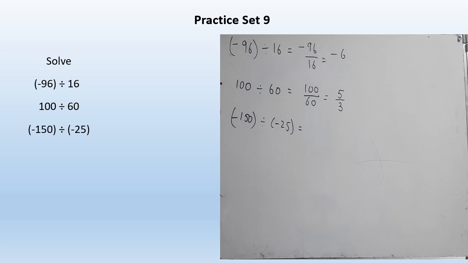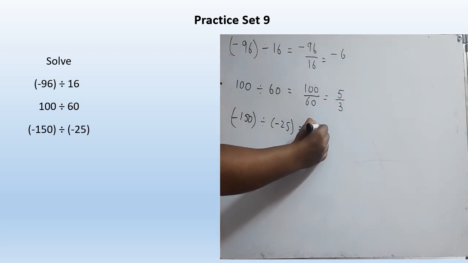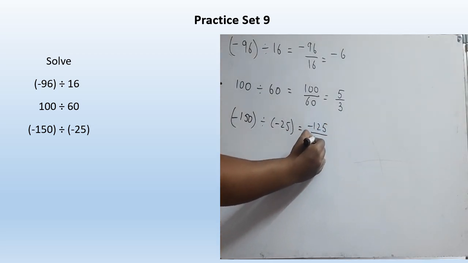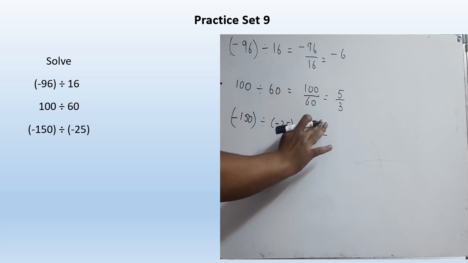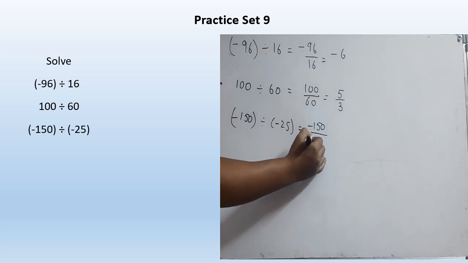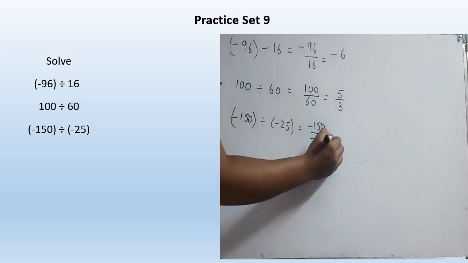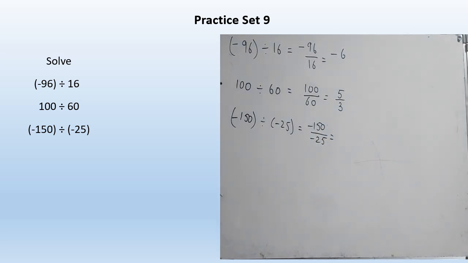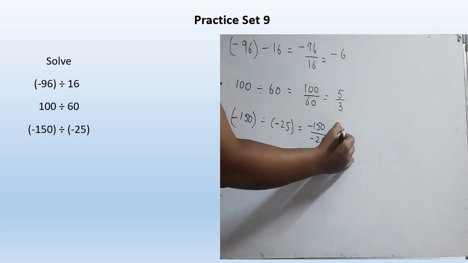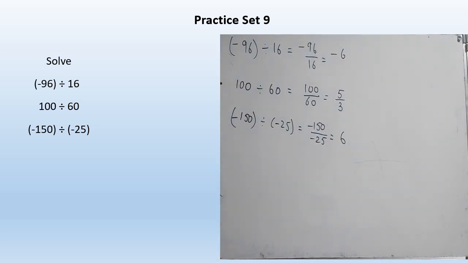So students, negative integer divided by, I'm extremely sorry, negative integer divided by a negative integer. The answer is going to be positive. The answer here is going to be positive 6.